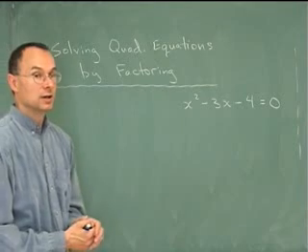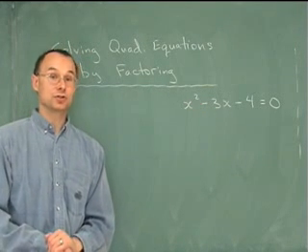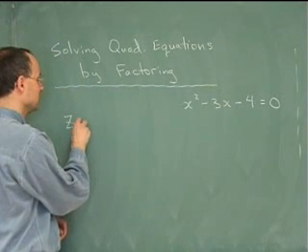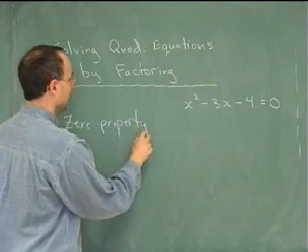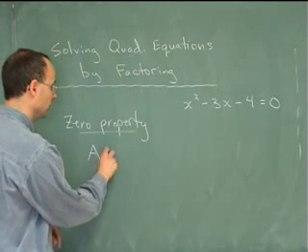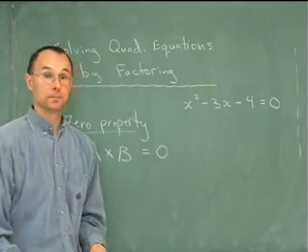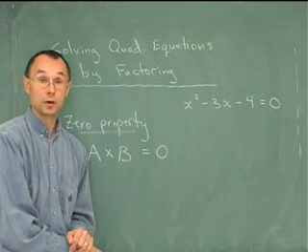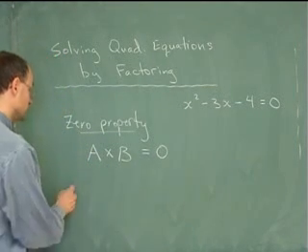Before we dive into solving this particular equation here, I'm going to show you the zero property and refresh your memory about that. The zero property is very important. And here's what it says. If you have a situation where something times something else equals zero, where things that are multiplied together equal zero, then you can make the following conclusions.